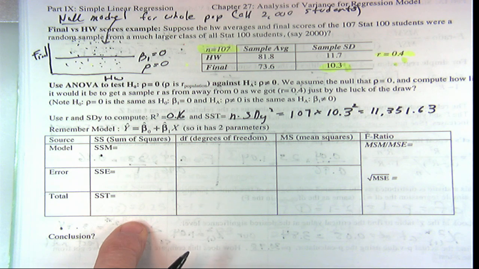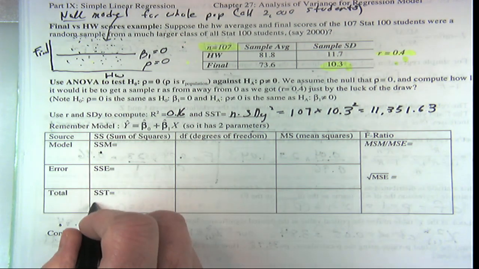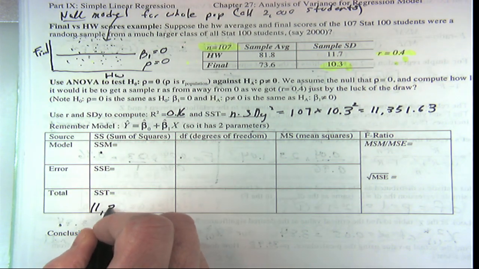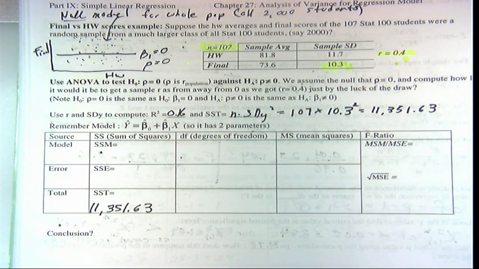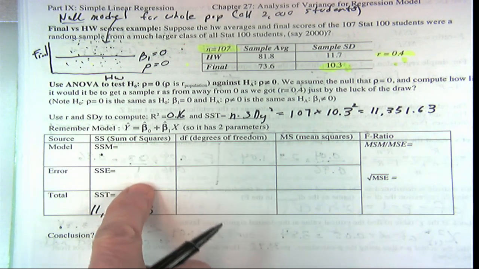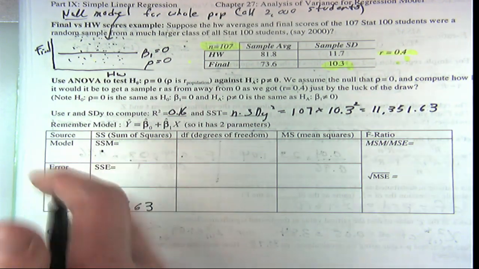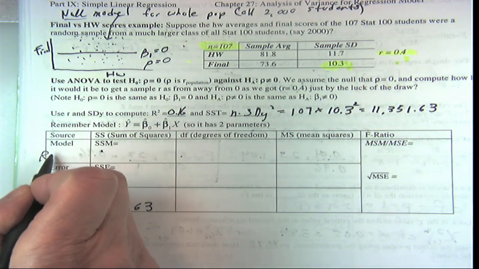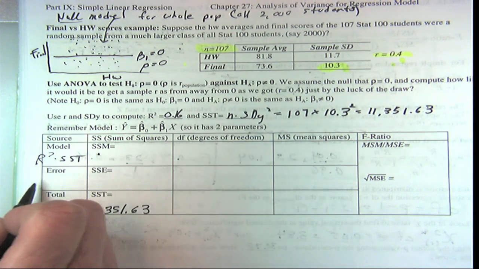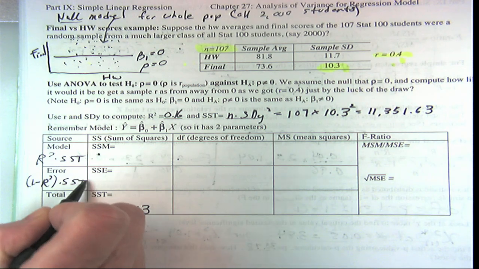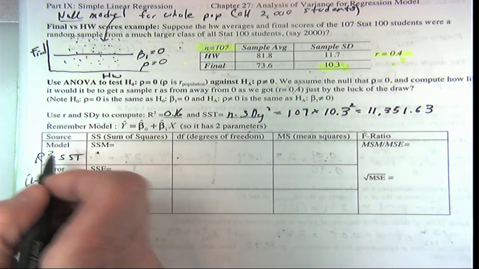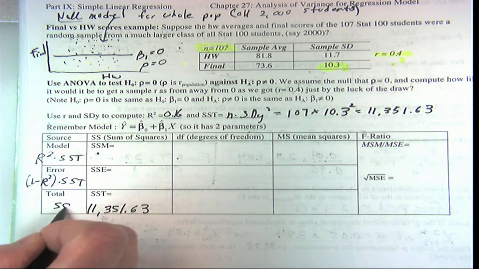Okay. So let's do that. 11,351.63. Now we're going to break that up into two parts. The part that's due to the model. All we're doing is saying R squared times SST plus 1 minus R squared times SST is equal to 1 SST.